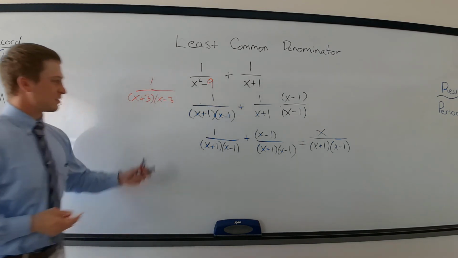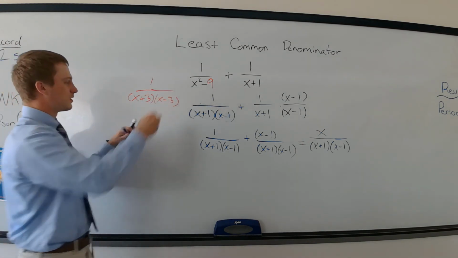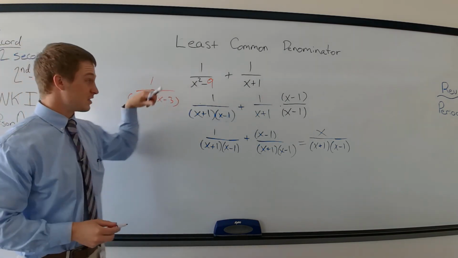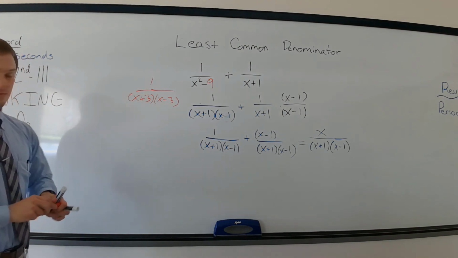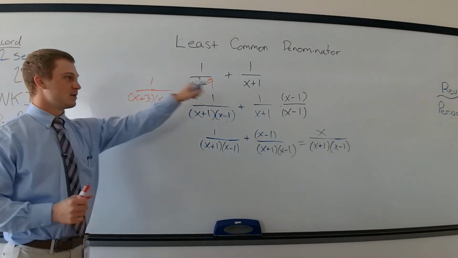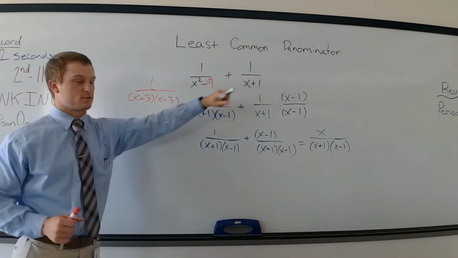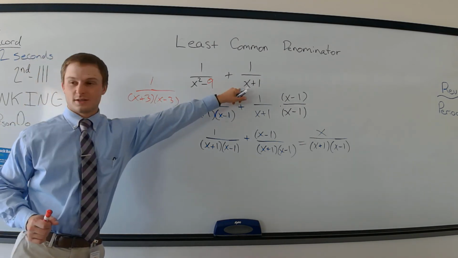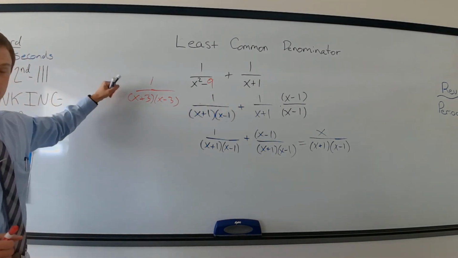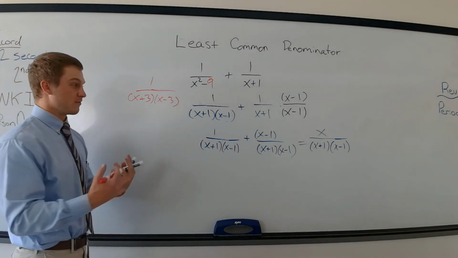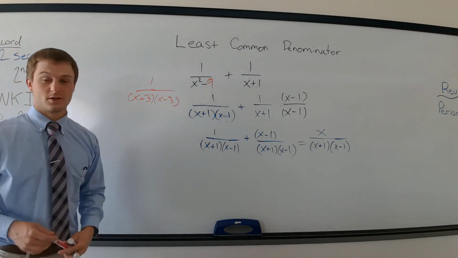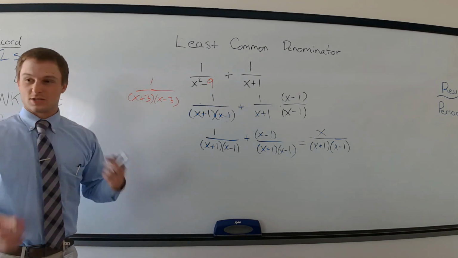In that circumstance, if I want to add this expression with that one, I have to multiply the entire denominator by this rational expression, and multiply x plus 1 over x plus 1 times this one. So that's where we would use A. So when we don't have any common factors or expressions that we can use to cancel something out.